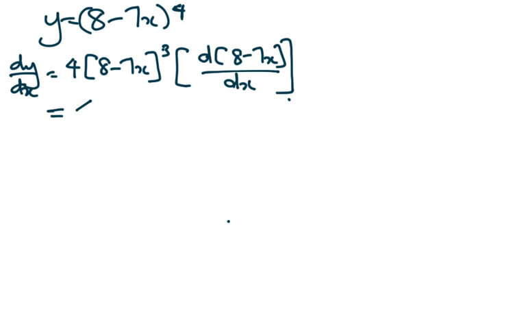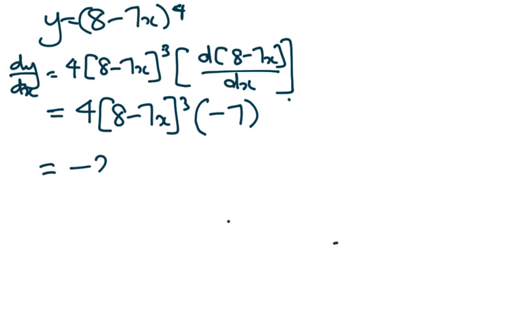So what I get here is 4(8 minus 7x) to the power 3, and when you differentiate 8 minus 7x, it will give you negative 7. So you bring that forward, so negative 28(8 minus 7x) to the power of 3. That's it. Okay, next example.